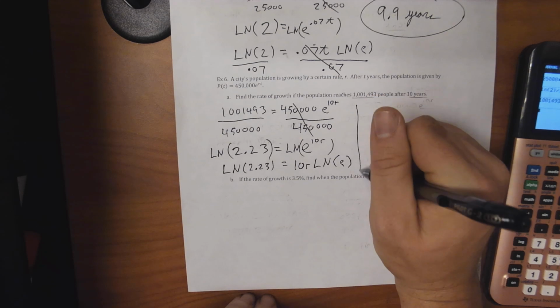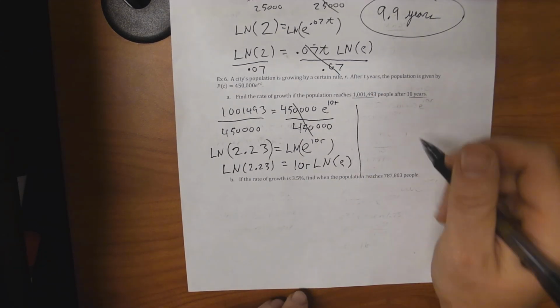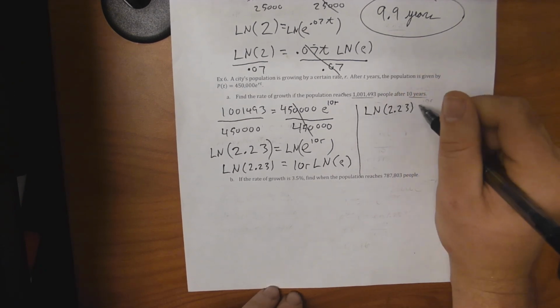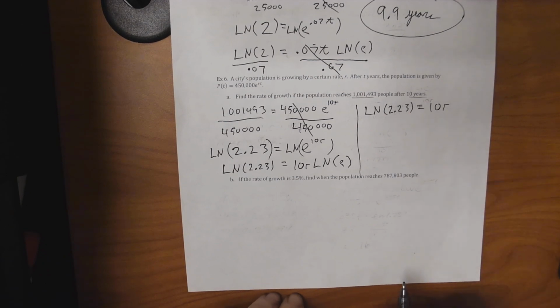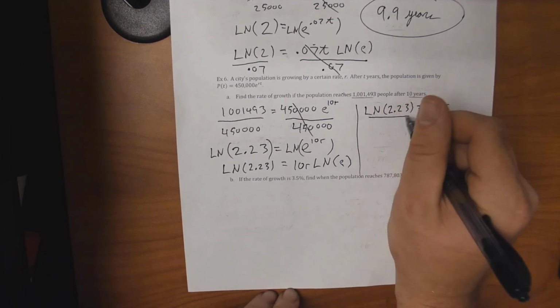All right. Remember, natural log of e just equals 1, so you can just ignore it. So all I'd have to do is divide by 10 to finish solving.